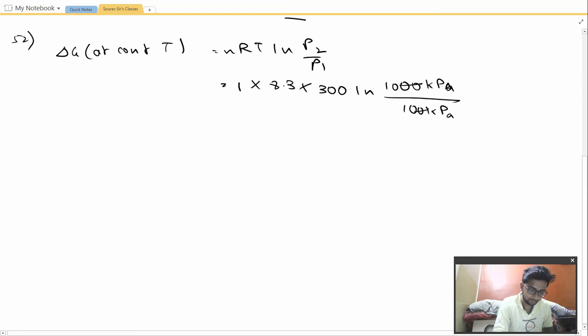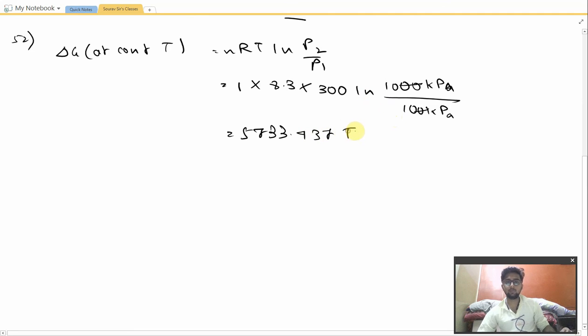The value that I have obtained is 5733.437 joule per mole. If we convert this to kilojoule, we will be getting 5.73 kilojoule per mole. It is said to round off to one decimal place, so we will be writing 5.7 in the chat box that is given in the question paper. So 5.7 will be the correct answer over there.